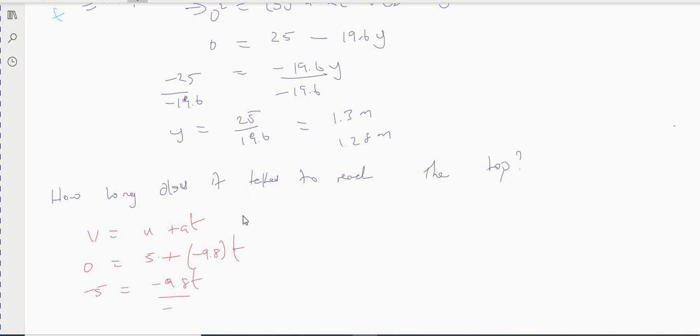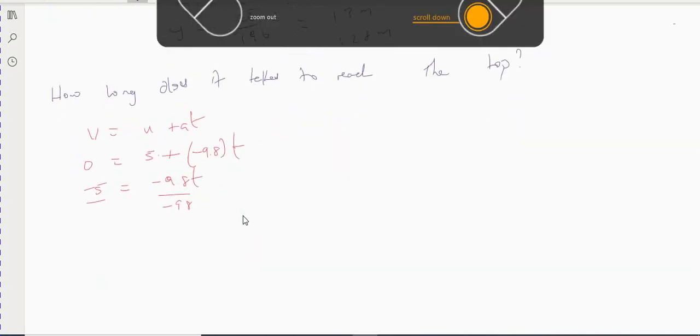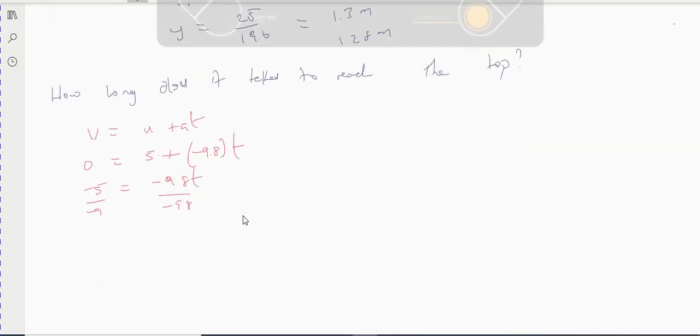Divide throughout by negative 9.8. We're left with t equal to a value of 0.51 seconds. So that's the time that it took the coin to reach a height of 1.3 meters.